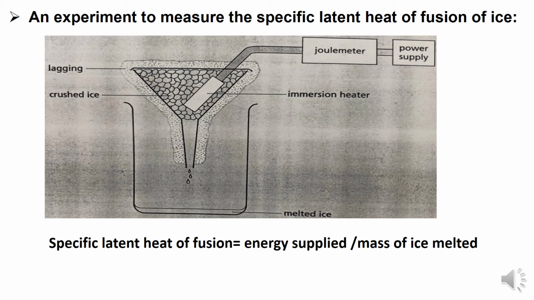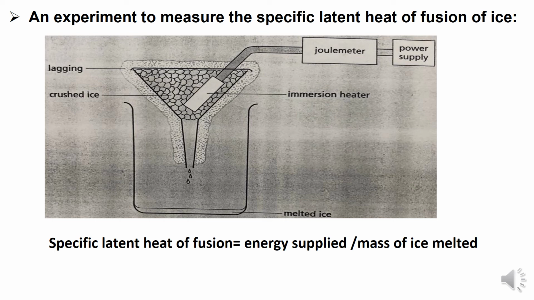Okay. And so, for the mass of the ice melted by the immersion heater, you just subtract these values. That means the mass of the ice melted is equal to the mass of the beaker and melted ice minus the mass of the beaker.